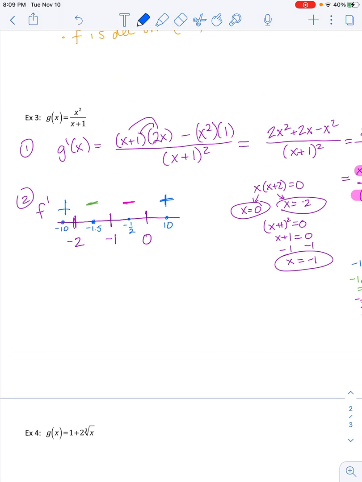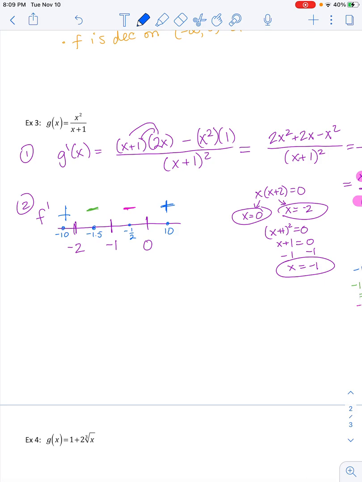Okay, so what we have now is a function that's increasing, decreasing, and then decreasing again, and then increasing. So we have a moment where we have to ask ourselves a question. What is going on at negative 1? The reason we have to ask is because we have the back-to-back minus signs.